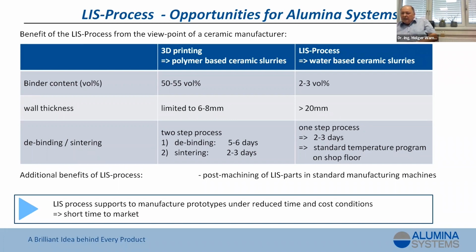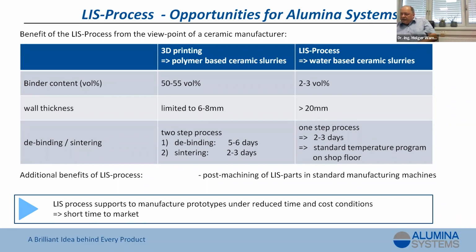And one disadvantage of the LCM process compared to the LIS is that we have a two-step process for debindering and sintering, which leads us to 5 to 6 days for debindering and 2 to 3 days for sintering.